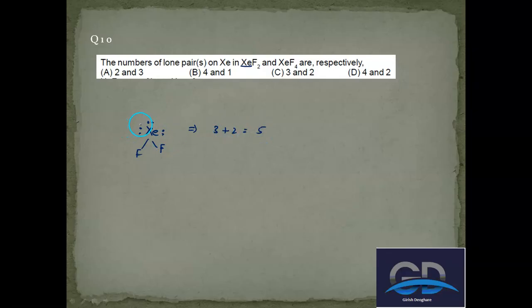Anyways, we just need to calculate the number of lone pairs. So we can see from here that the number of lone pairs is 3 for the first one. For XeF4, we will have 4 electrons forming covalent bonds, and the remaining form lone pairs. So over here we can see that it has only 2 lone pairs of electrons. So the number of lone pairs in the second one would be 2. Hence for this question the answer corresponds to C.